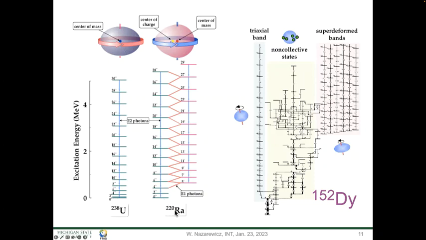But if you go to radium-220, which is another deformed actinide nucleus, if you look at the spectrum in the laboratory system, so this is actually an experimental spectrum, you see that it shows an alternating parity band. That is, you have one band which consists of levels which have negative parity and positive parity.